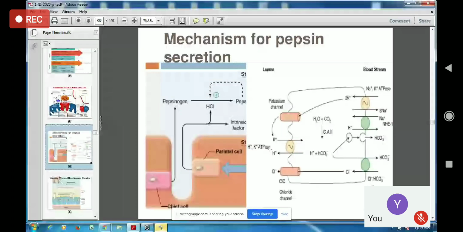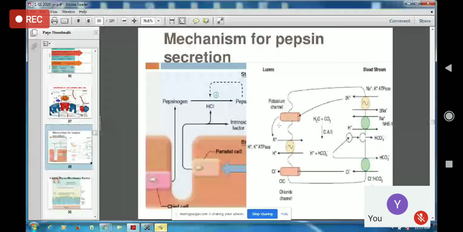But we should not forget that for every proton that is being produced in the lumen of the stomach, there is one bicarbonate ion going to the blood side. This is with the help of the chloride bicarbonate exchanger. And as the bicarbonate enters the capillary, you'll see that when we take food, at that time HCl secretion is increased, isn't it?